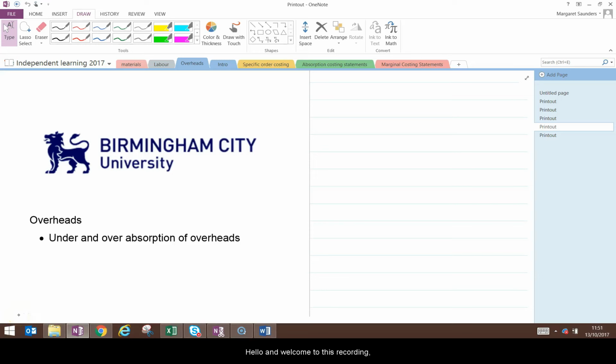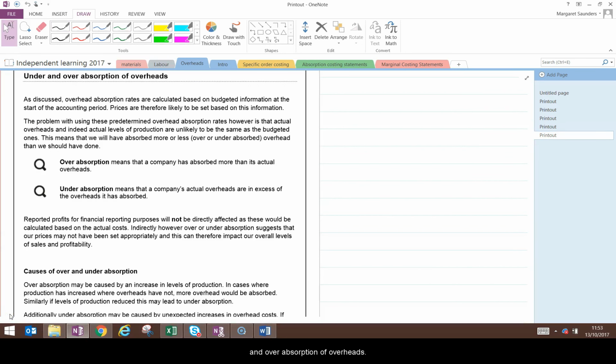Hello and welcome to this recording in which we will be looking at how to calculate the under and over absorption of overheads. As discussed, overhead absorption rates are calculated based on budgeted figures.